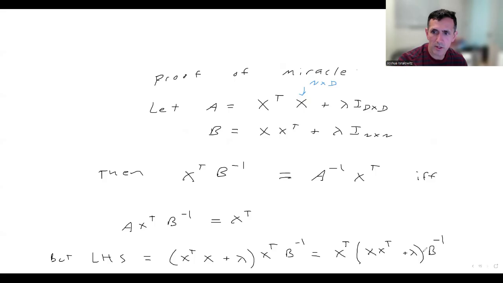But what is this? This is B, so I define it as B. If you distribute, this is trivial. I'm just factoring out the X transpose. Check yourself. Just distribute. So it's B B inverse. It's this little trick to factor out the X transpose. And so we're done.